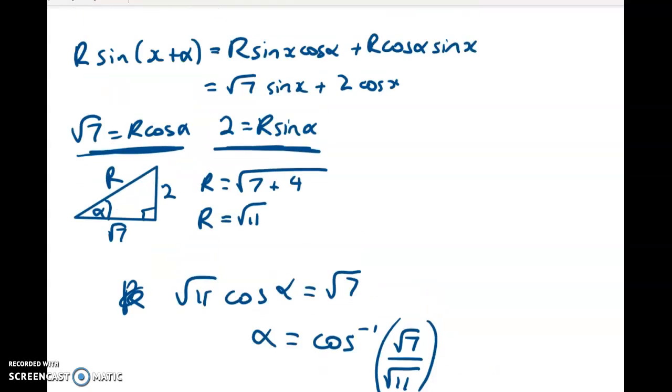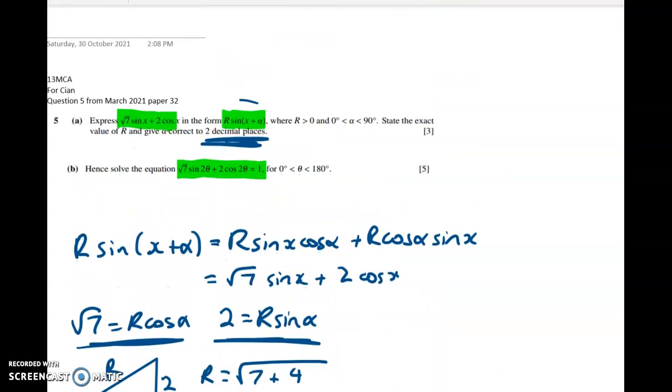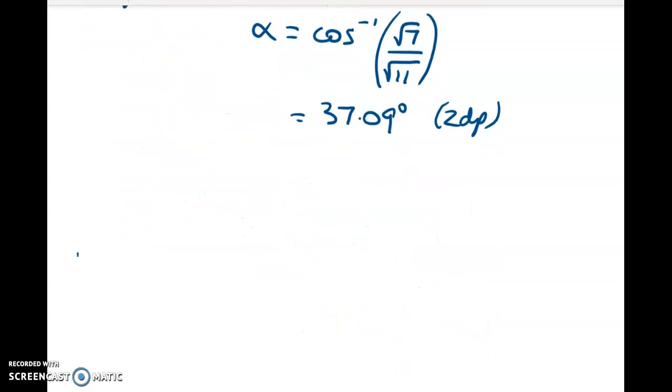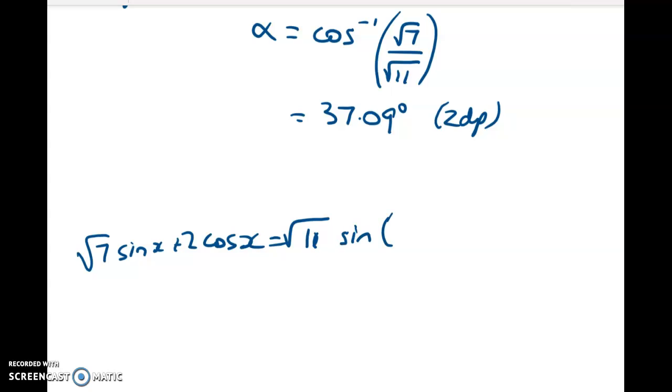So let's look at where we've got to. Well, we've done our general expansion, which is here. So we've said that root 7 sine x plus 2 cos x can be written as root 11 sine of x plus 37.09 degrees.